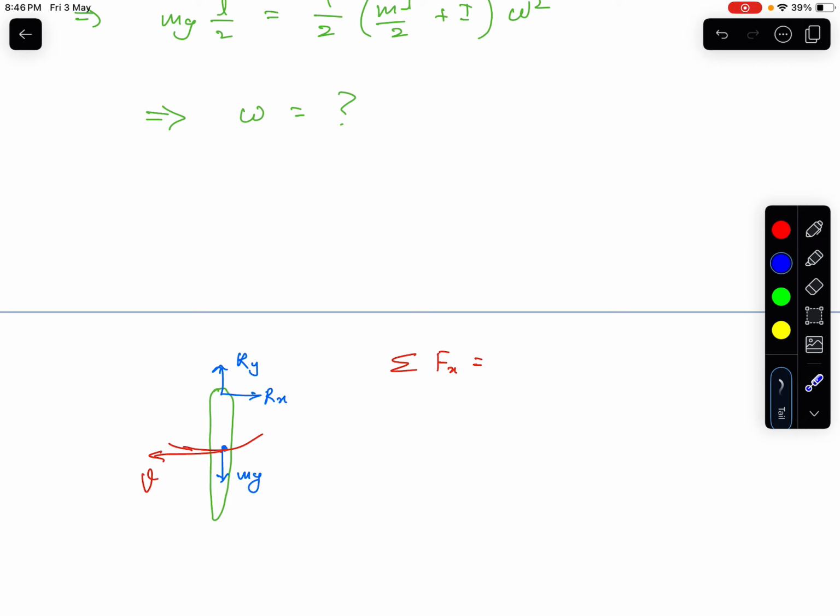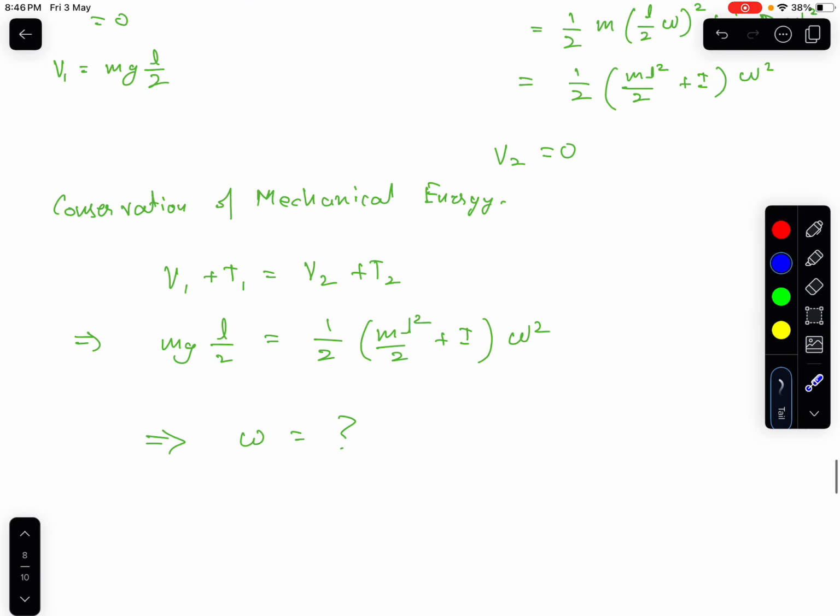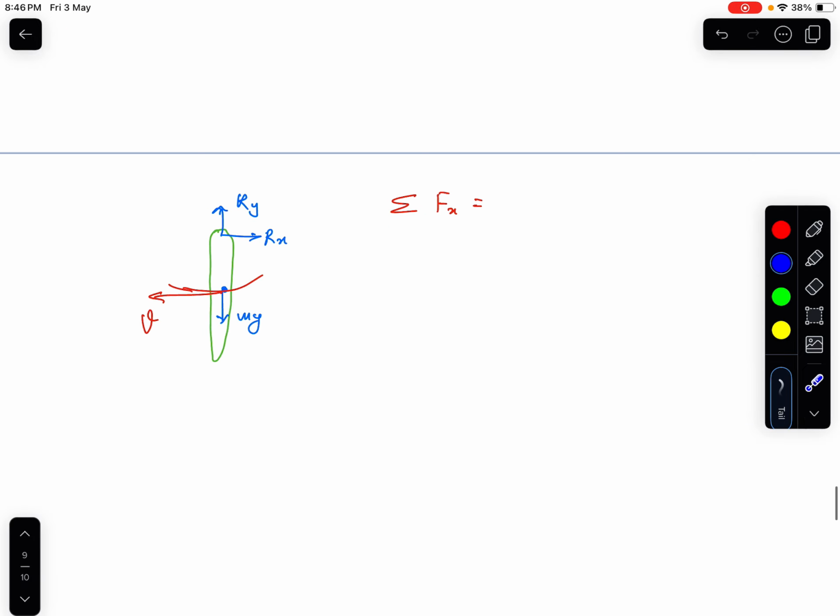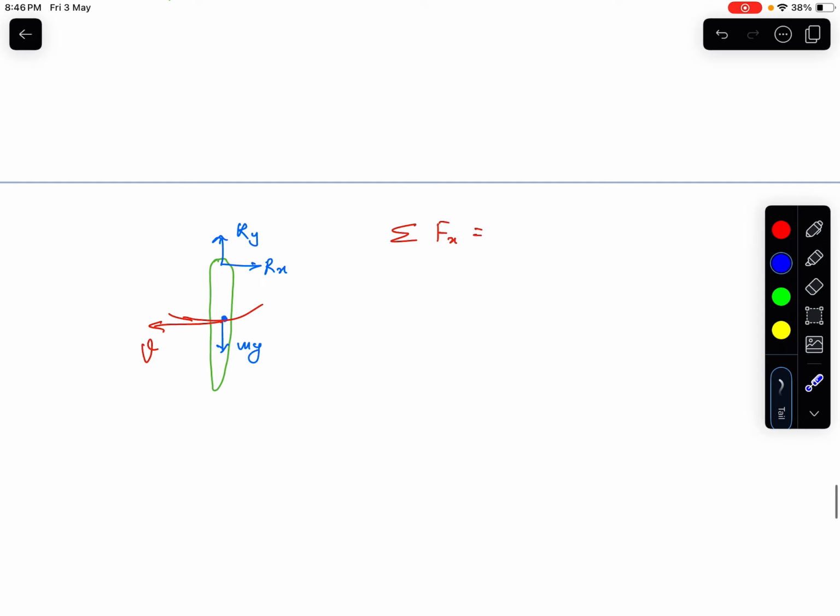One is Rx and Ry, and also the angular acceleration. So this part is done. Now we have to obtain the reaction at the pivot, Rx and Ry.